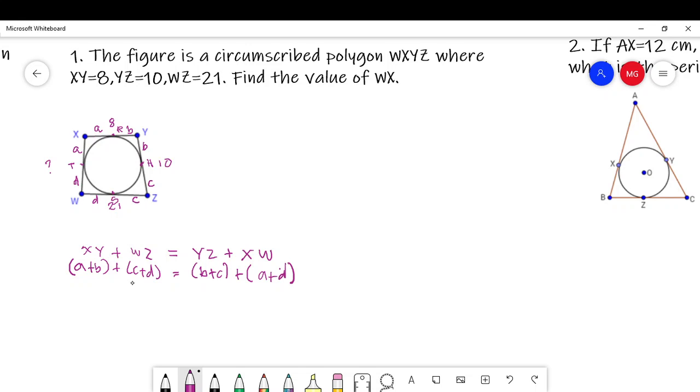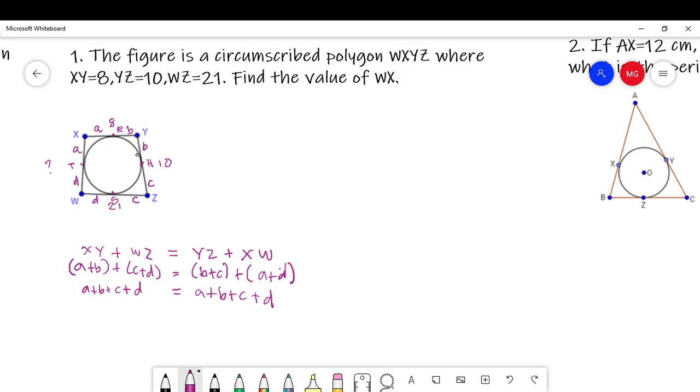If we write the letters in order, we have A plus B plus C plus D equal to A plus B plus C plus D. So we observe that the sums of the opposite segments are equal.